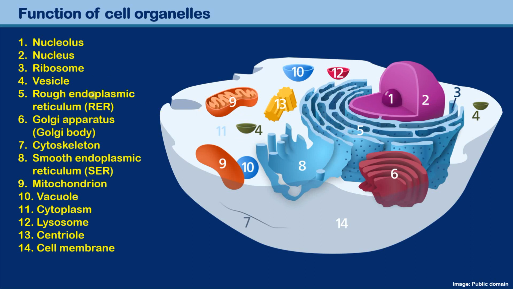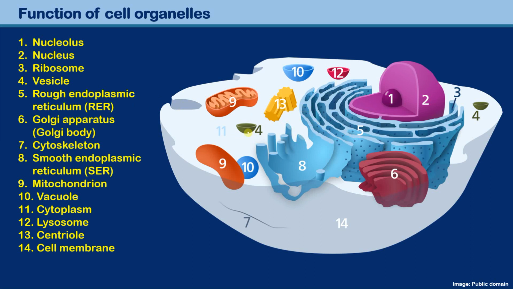The rough endoplasmic reticulum, RER, is number 5. Over here you see this large membrane network with all the ribosomes on it. What are they good for? Well, they have the ribosomes on them, so in that sense they are involved in protein synthesis, but they also form the vesicles.